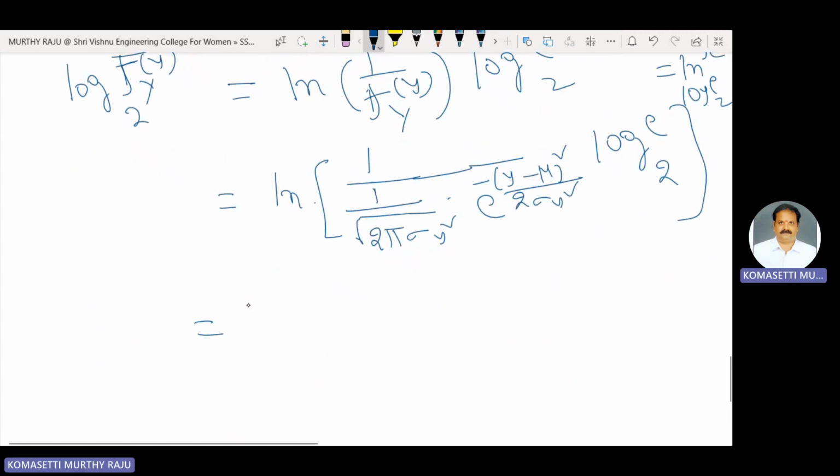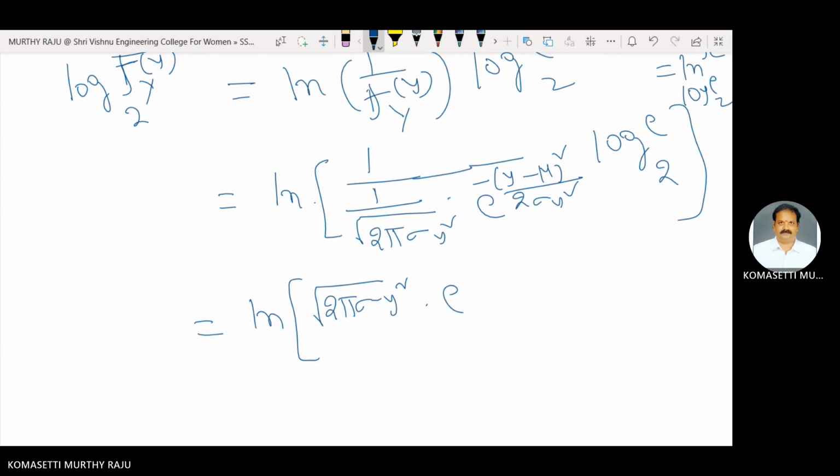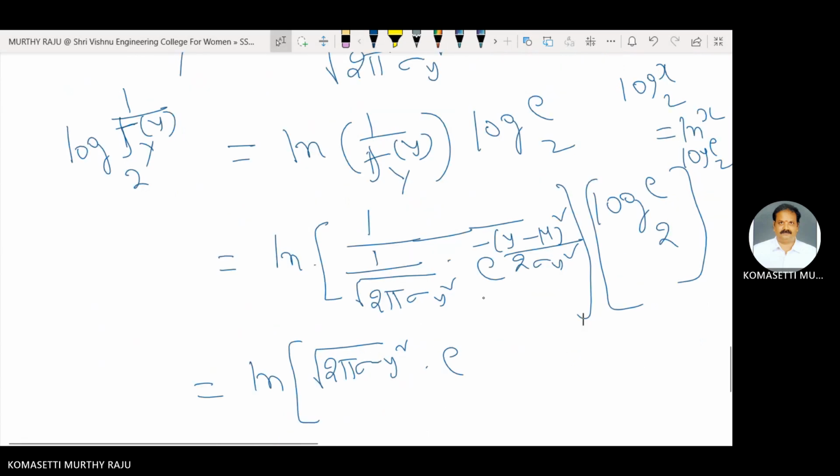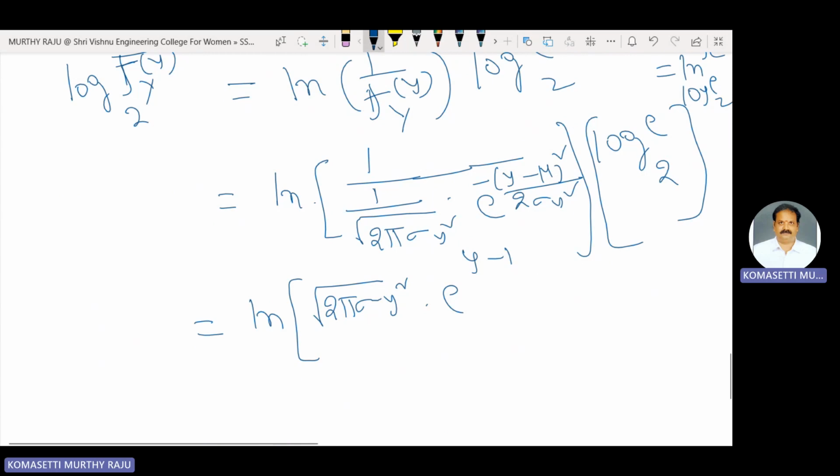It is equal to ln of square root of 2 pi sigma y square into e power (y minus mu) whole square by 2 sigma y square, into log e to the base 2.